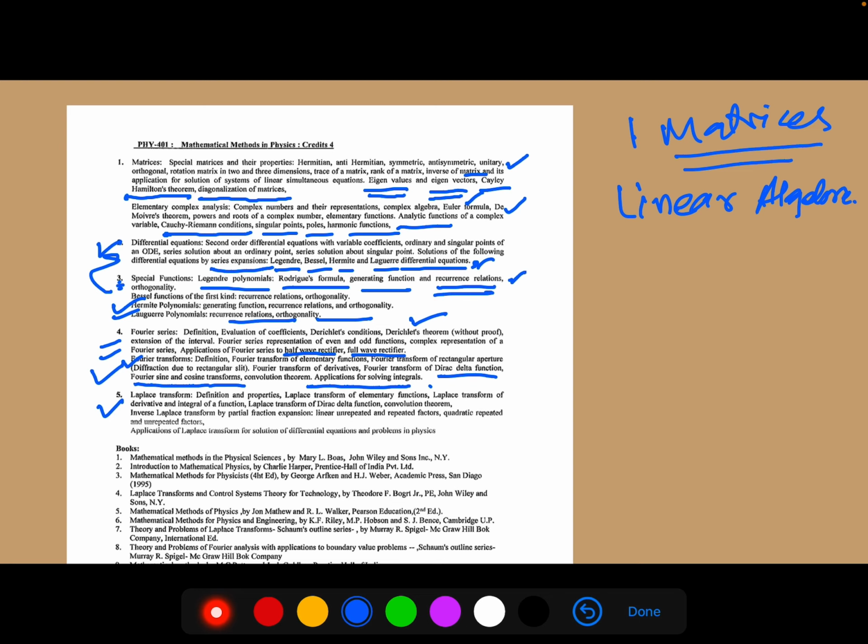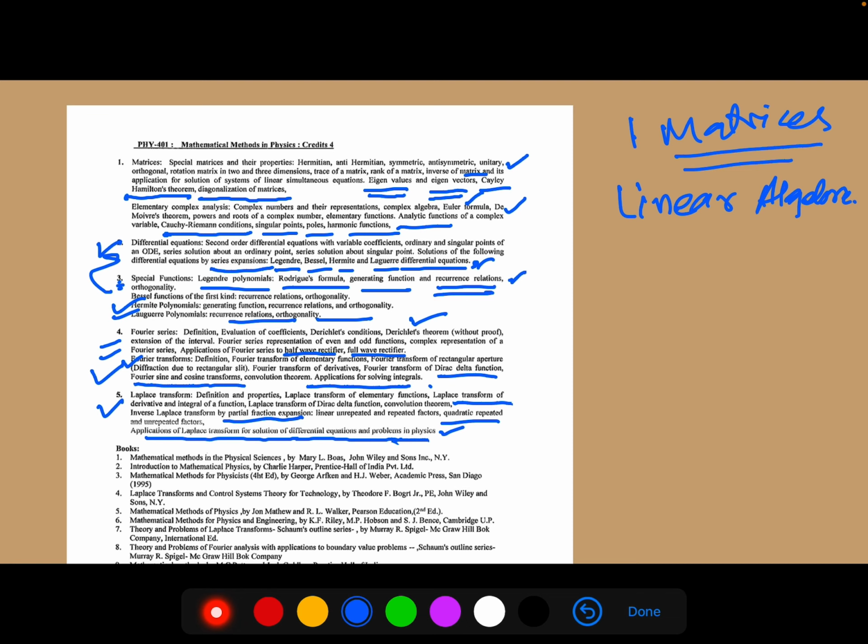Then partial fraction expansion, then quadratic, repeated or unrepeated factors, okay, and application of Laplace transform for solution of differential equation and problems in physics. We are going to solve many numericals on this syllabus.